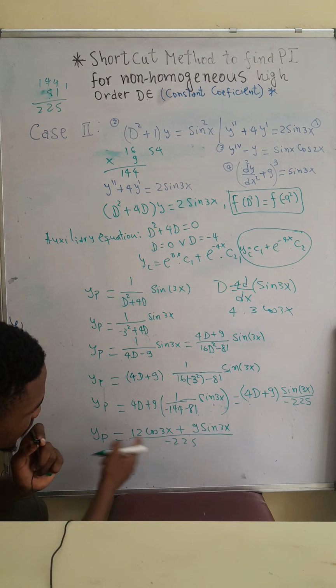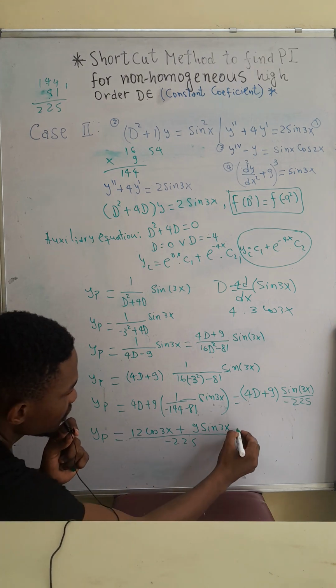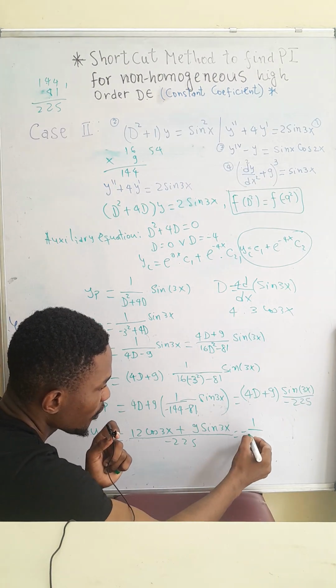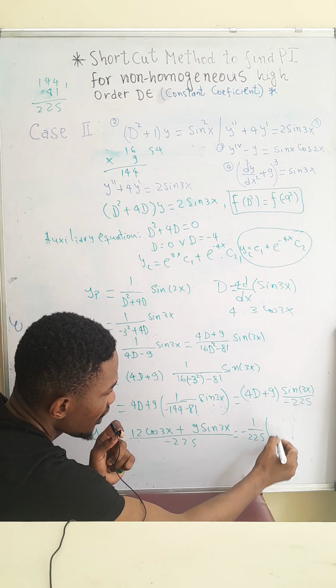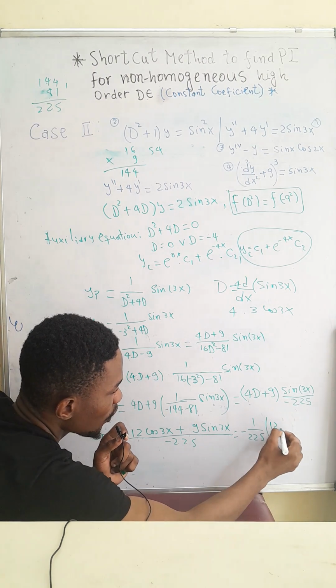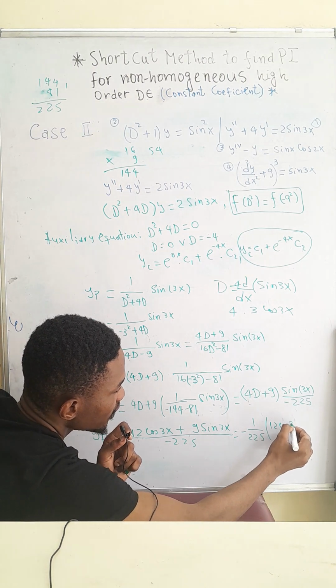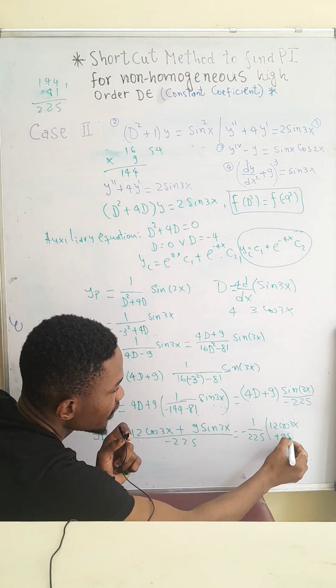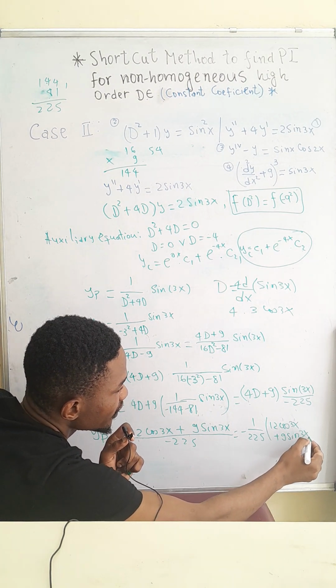And here, just do some simplification. You will end with something like minus 1 upon 225, and then you are going to have 12 cosine of 3x plus 9 sine of 3x.